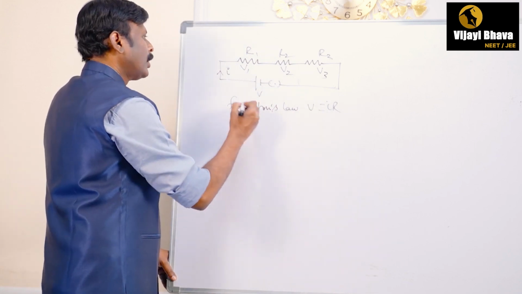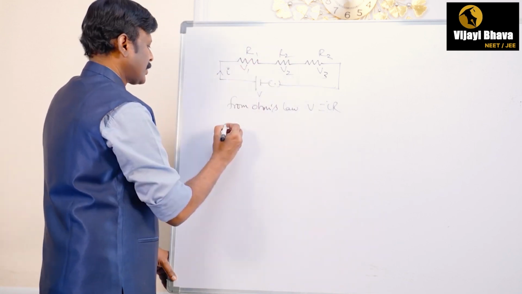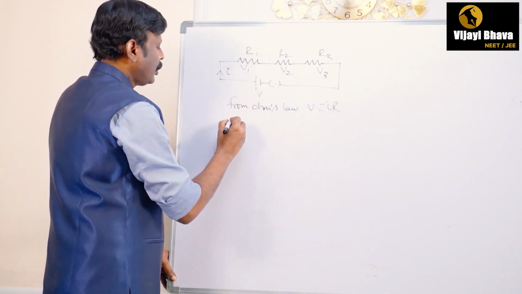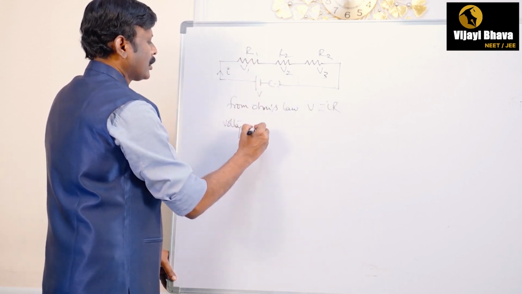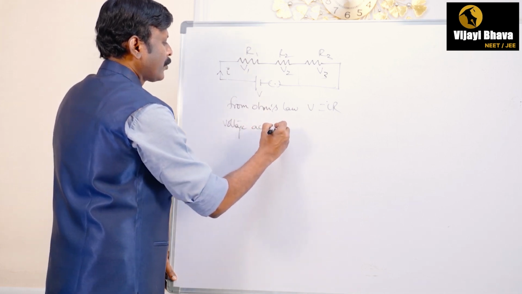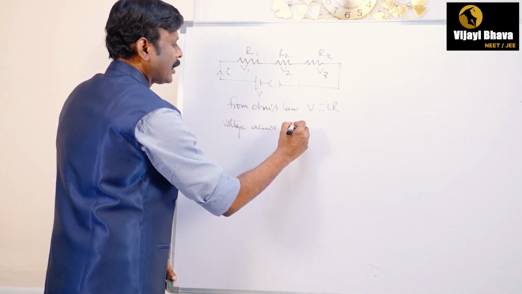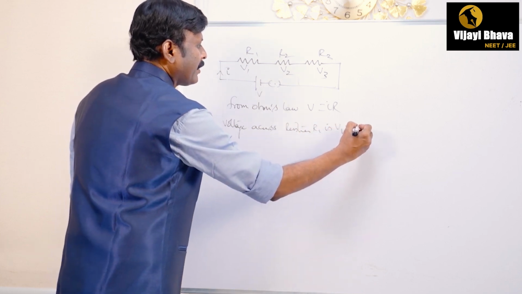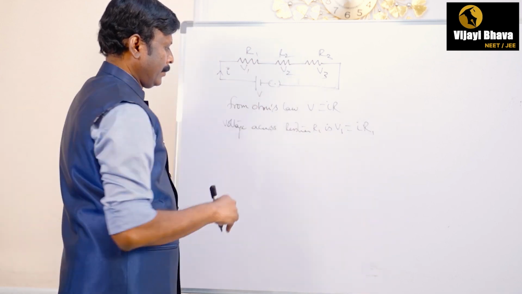Now let us write the voltages of these resistances. The voltage across the resistance R1 is V1 and is given by IR1.